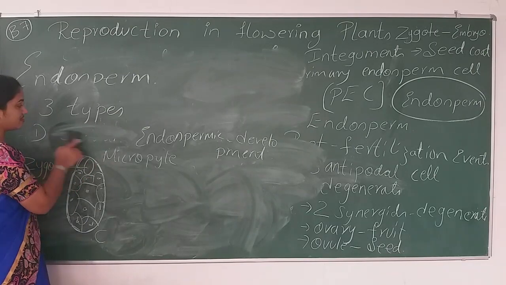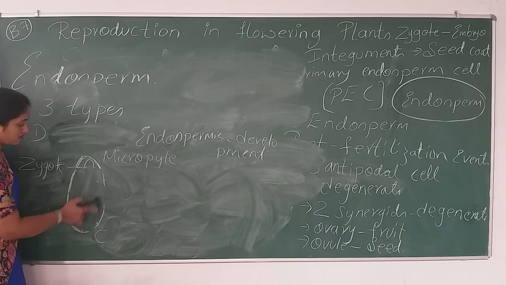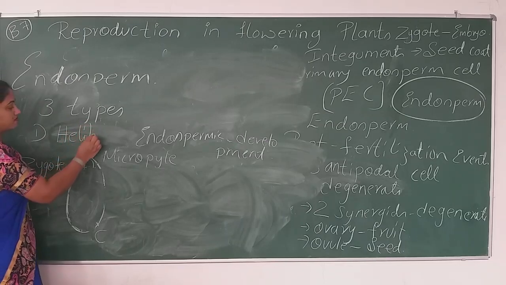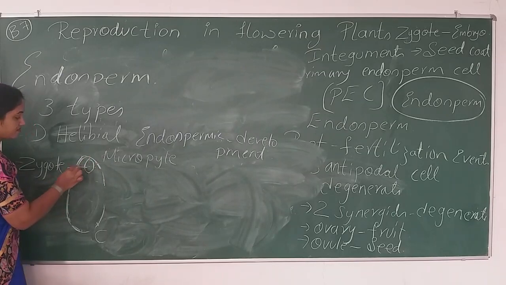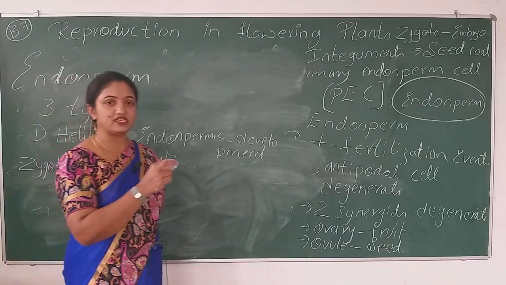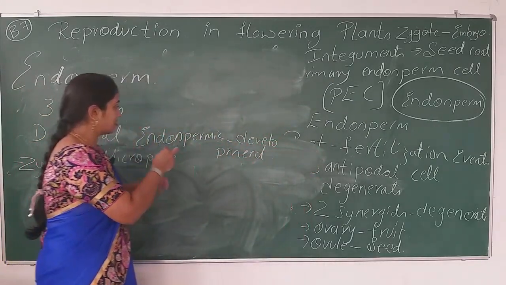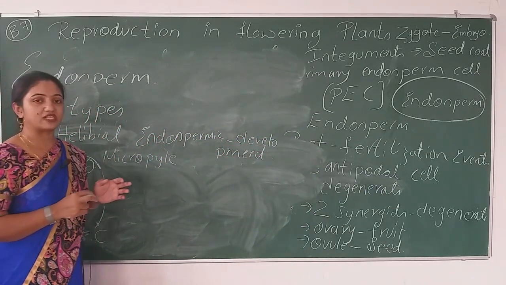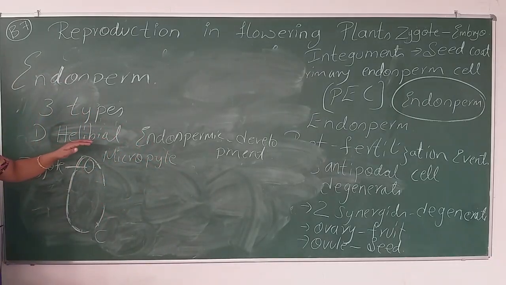And then the third type is, let me erase this also, they all remain the same, helobial endospermic development. The helobial endospermic development is the intermediate development. Intermediate means the nuclear endospermic development and the cellular endospermic development both are involved in the helobial endospermic development.